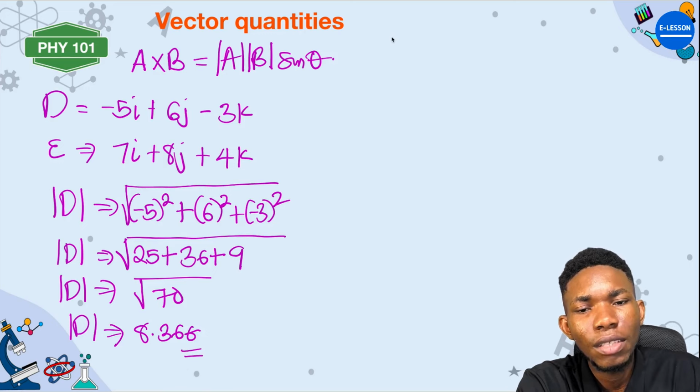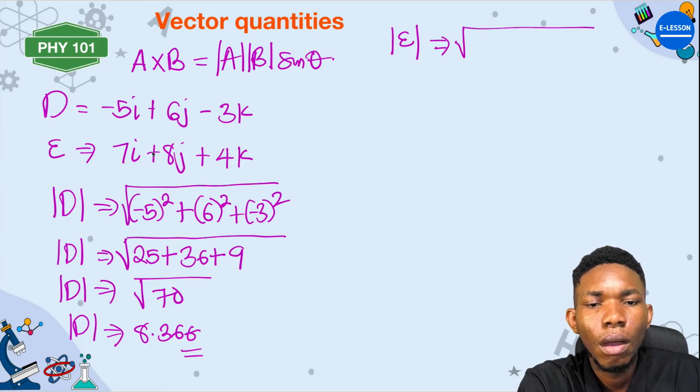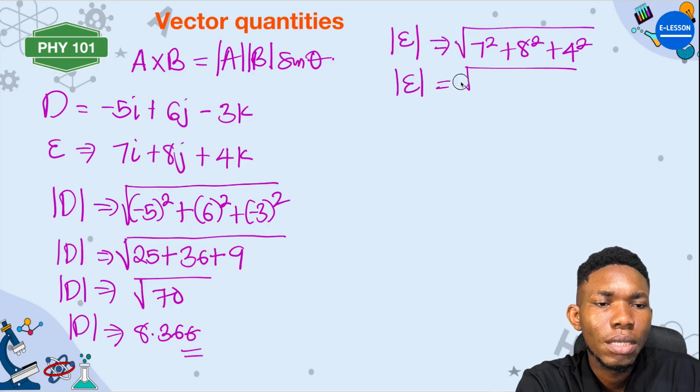Now, let us look for the magnitude of E. The magnitude of E will be the square root of everything you have here squared. So 7 squared plus 8 squared plus 4 squared. So magnitude of E will be equal to 7 squared is 49, 8 squared is 64, 4 squared is 16.